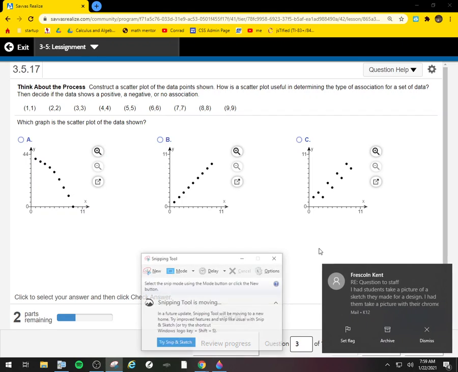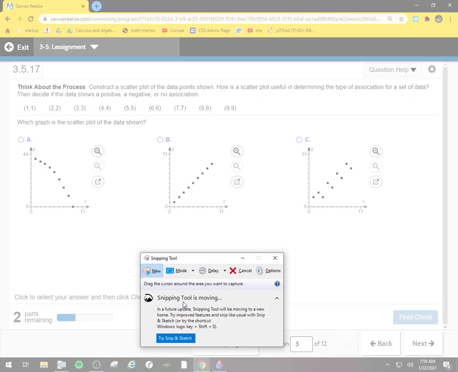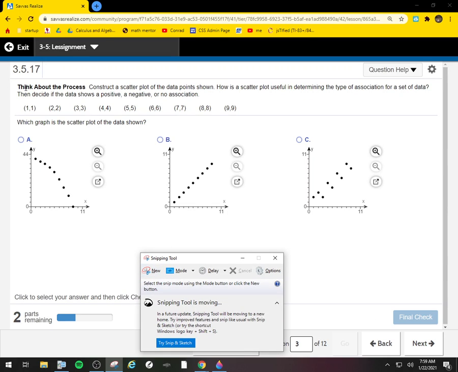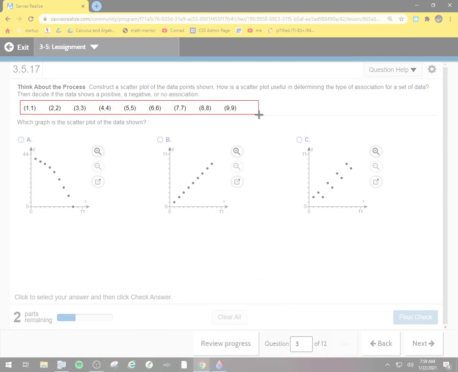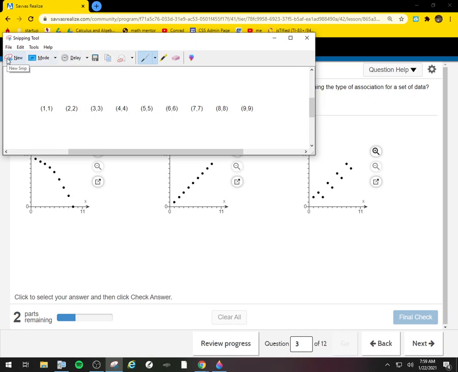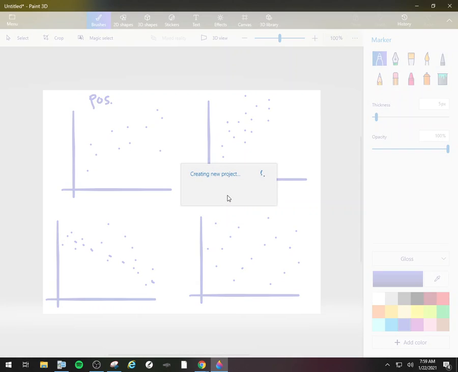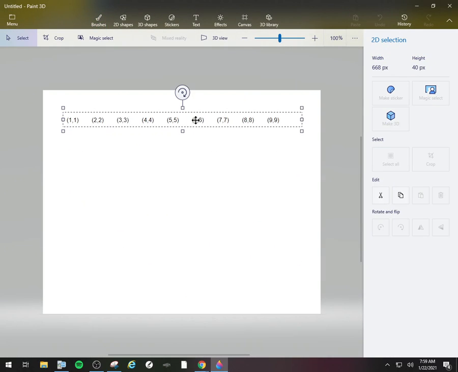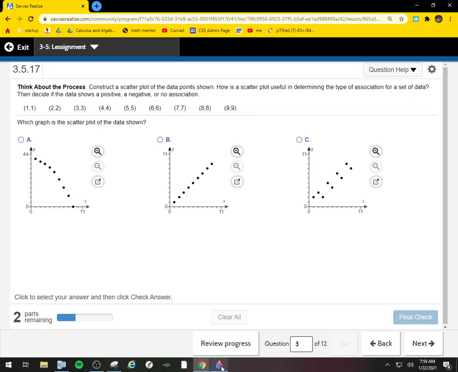So let me copy, paste. New. We've got these dots. All right, copy, don't save, paste. Got these dots, and we got these plots.